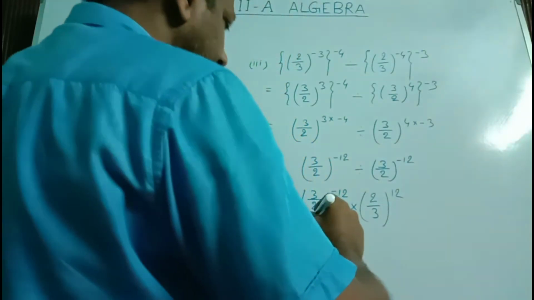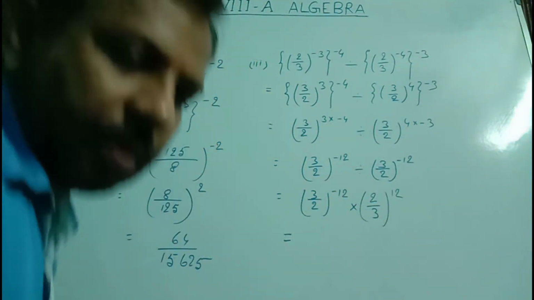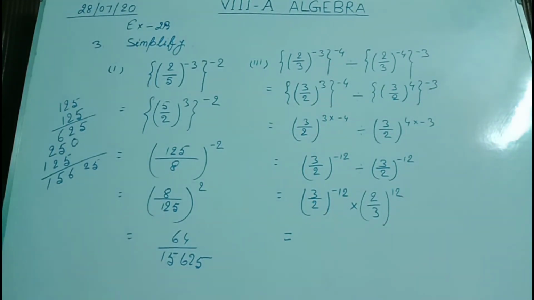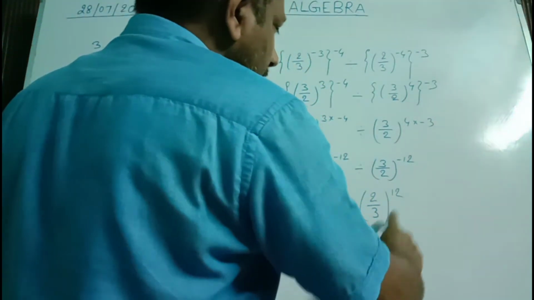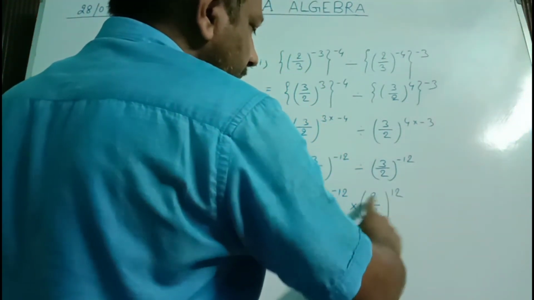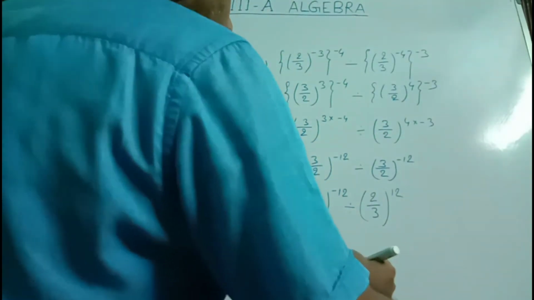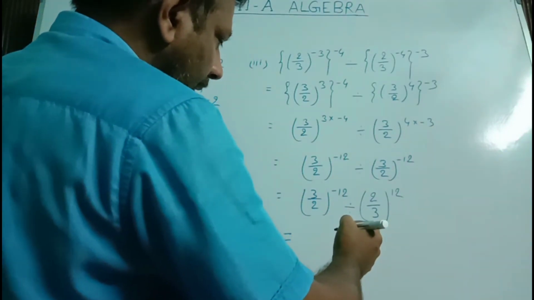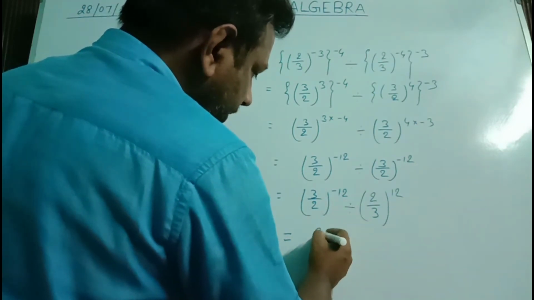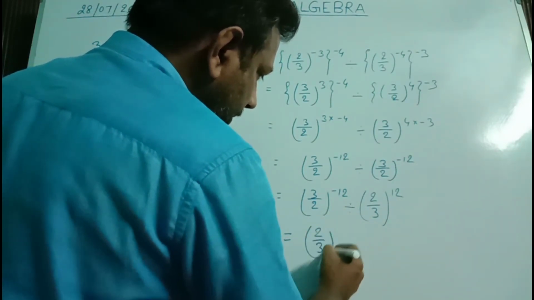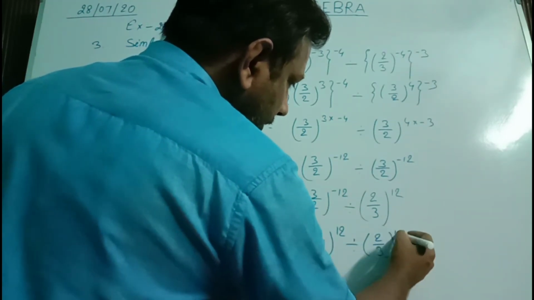Now in this step we change only this negative index into the positive index, so the symbol will be followed the same, that is the symbol of division. And we change this negative index into the positive index, this will be 2 by 3 to the power 12, that is divided by 2 by 3 to the power 12.